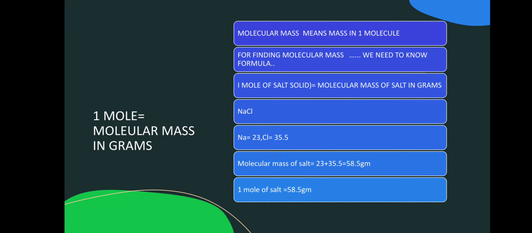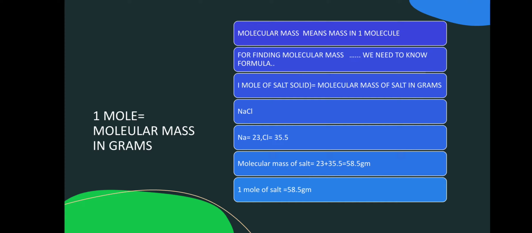What is the salt formula? NaCl. So for that, we need to find the molecular mass of salt. So first you need to separately find what is molecular mass of Na and chlorine. Already you studied that. So you know Na is 23, chlorine is 35.5.